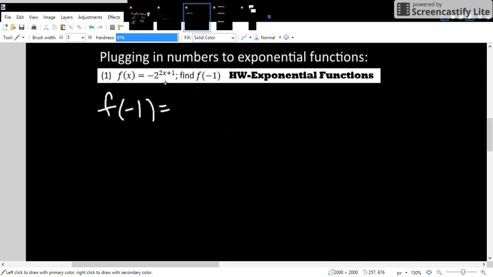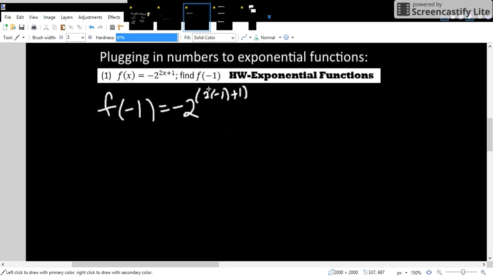That just means that wherever we see an x in the function, we substitute a negative 1 instead. So we have f of negative 1 equals negative 2 to the 2 times negative 1 plus 1 power.